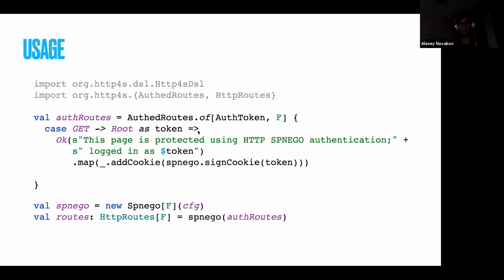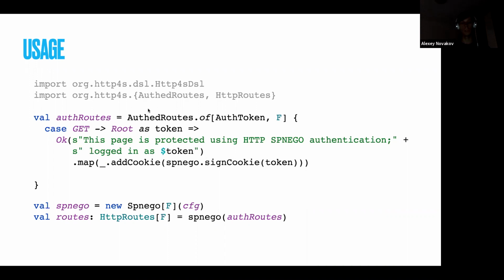So we parameterize the AuthedRoutes with the AuthToken, which is our class that we define around, and it's going to be a route that you write, and this body or this response will only be returned if the authentication succeeded. So you see in this example that this page is protected using this Spnego. That means if the user ever sees this response, the authentication is already performed. So this body will not be called until the user is authenticated.